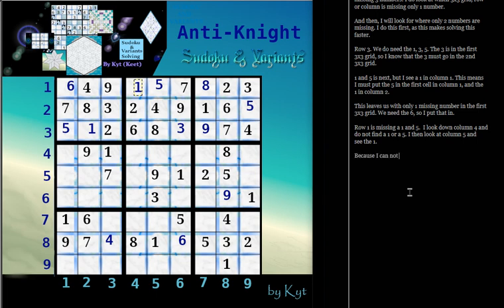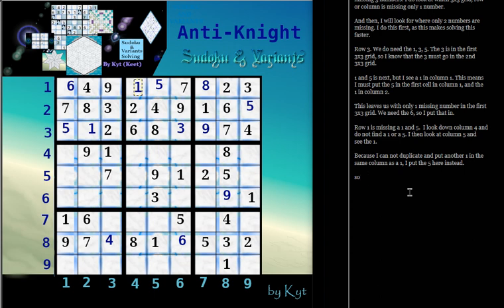Because I cannot duplicate and put another 1 in the same column as a 1, I put the 5 here instead.